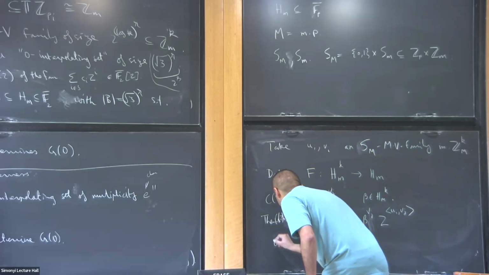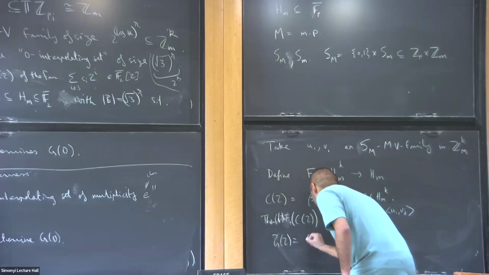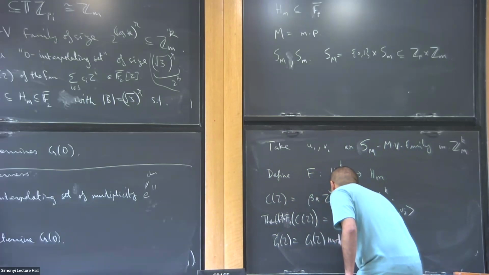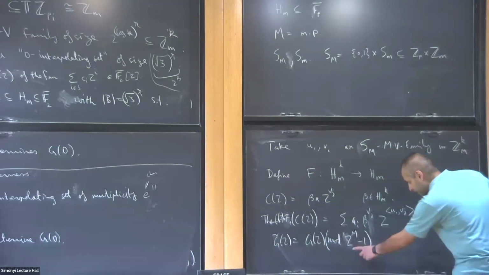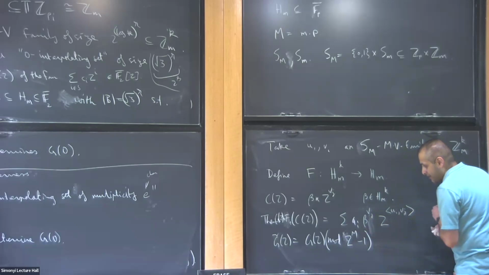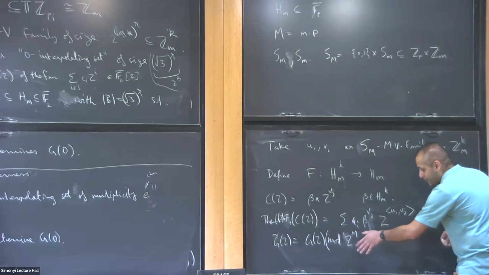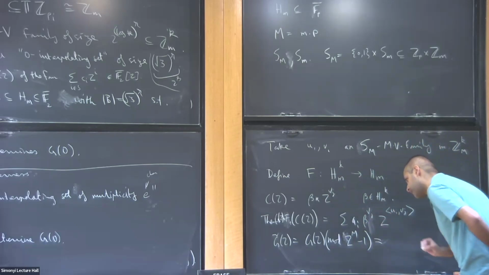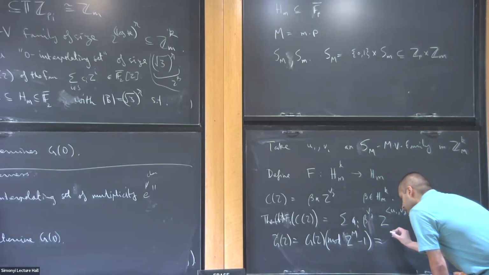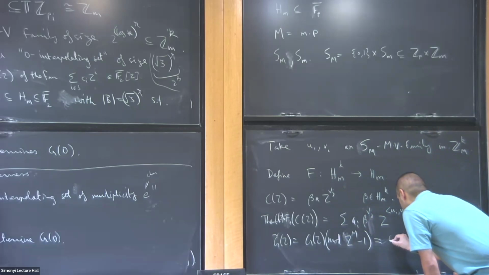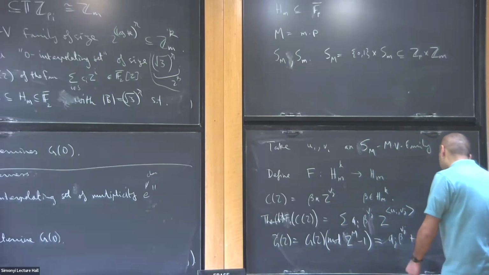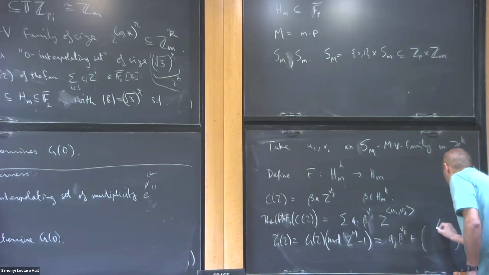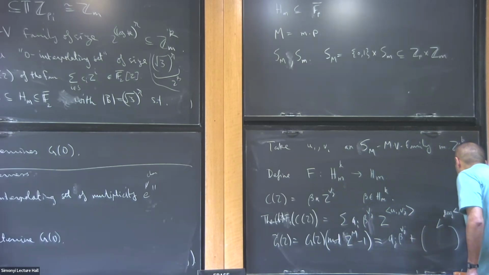Finally G tilde of Z, which is G of Z mod Z to the M minus... Z to the capital M minus 1. Since Z to the capital M minus 1 is Z to the little m minus 1, whole to the P, and since we're working in characteristic P, this gives us the form a_j beta to the V_j times 0, plus certain other exponents of degree less than n.